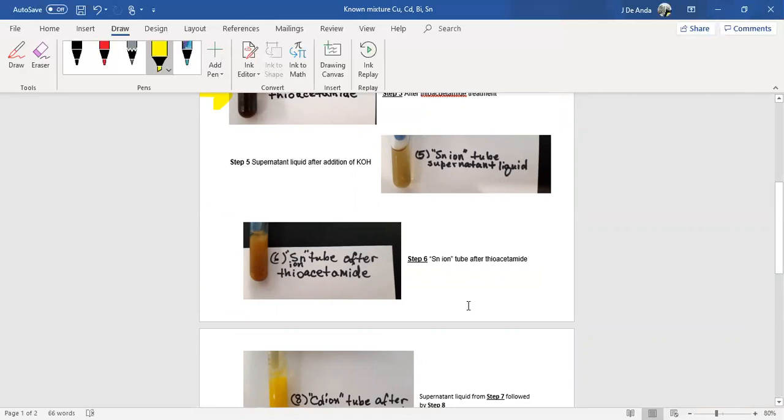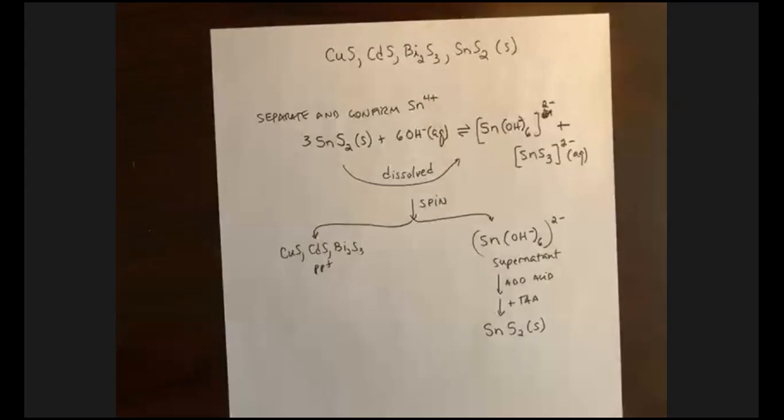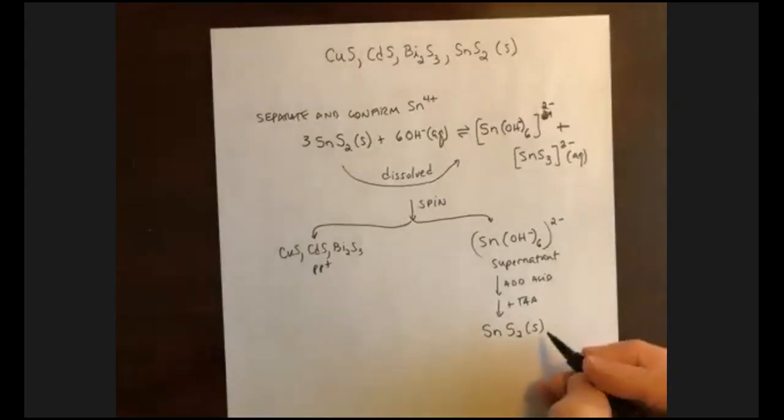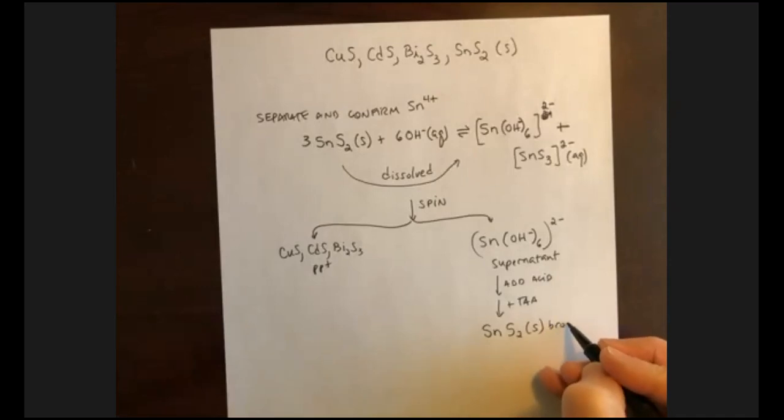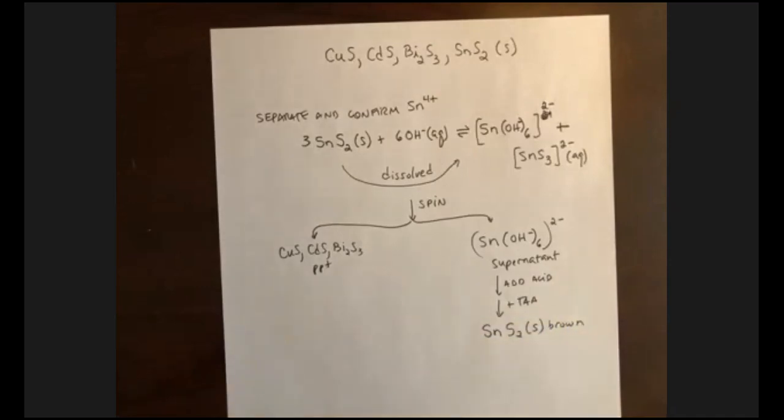That is our tin 4 sulfide, and this is the confirmation that we have of the presence of that ion. All right, let's come back here. And this is going to be, like I said, a brown color precipitate.